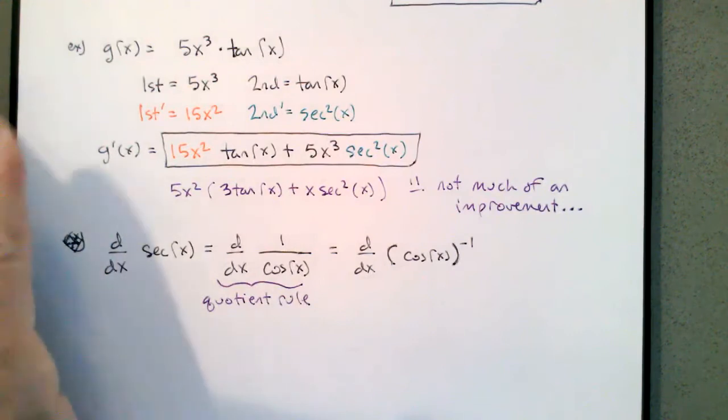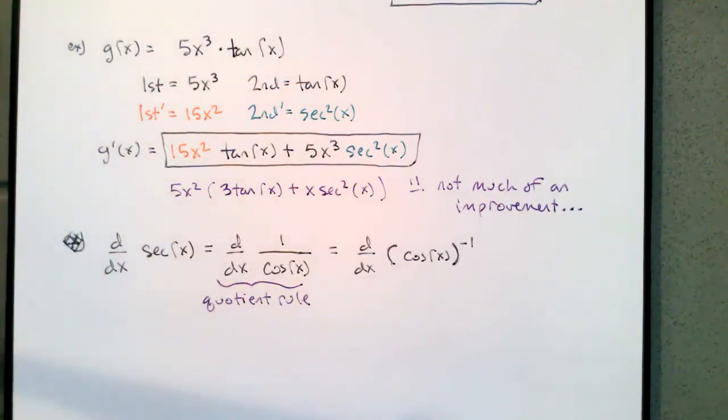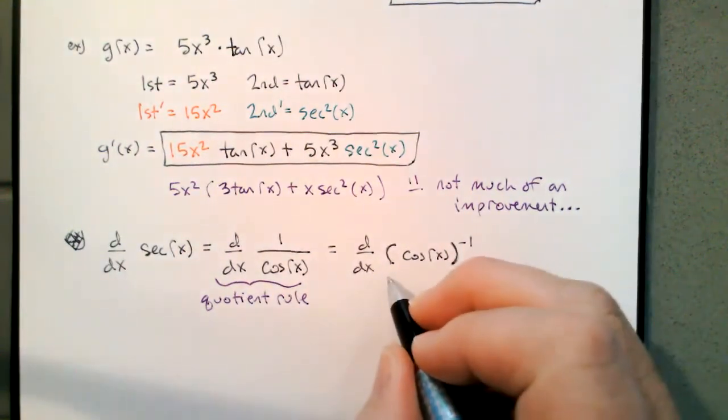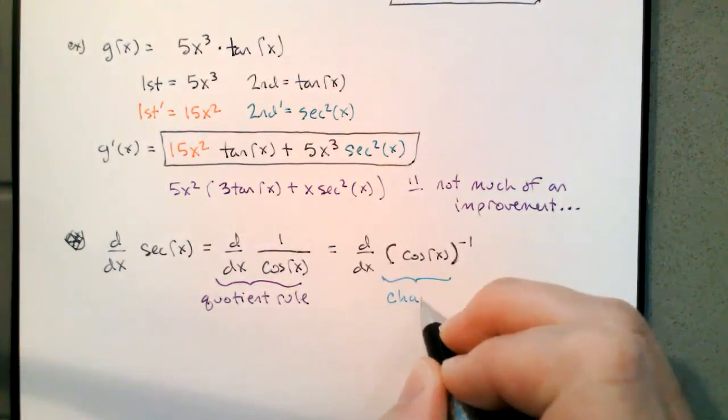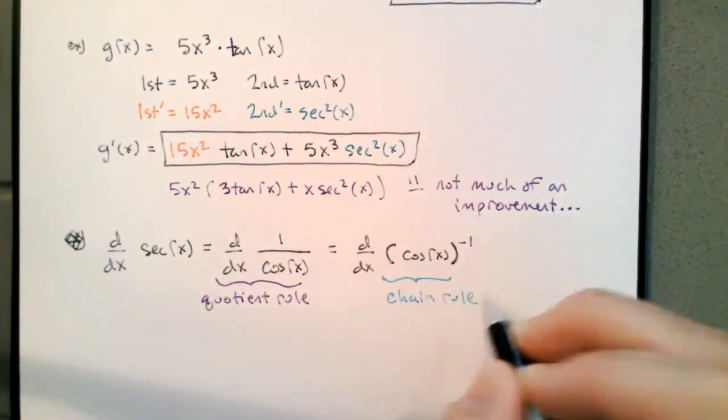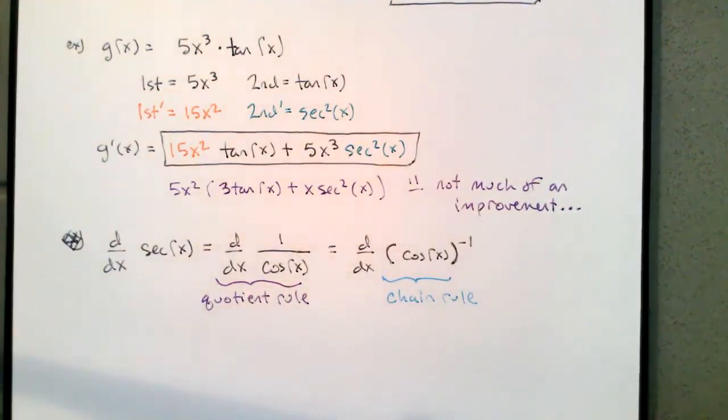Or we could read it as cosine of x all to the -1, and then for this, we would read it as a chain rule. They should both work out to the same function, which means now I have to do both.